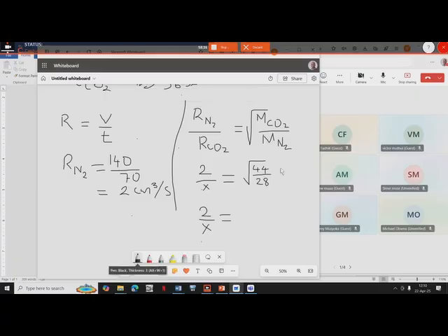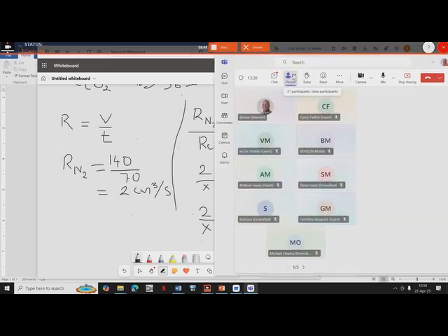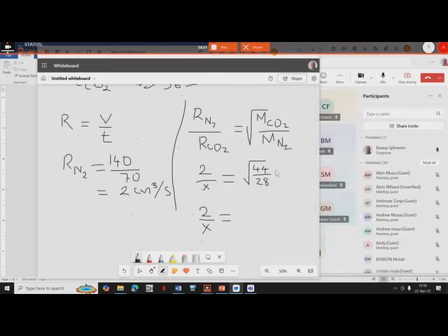So we now substitute the values. The rate for N2 is 2, divided by the rate of CO2 is x, is equal to the square root of mass of CO2 is 44 divided by mass of N2 is 28. Kwa sababu nitrogen ni mbili, kila moja iko na mass ya 14.